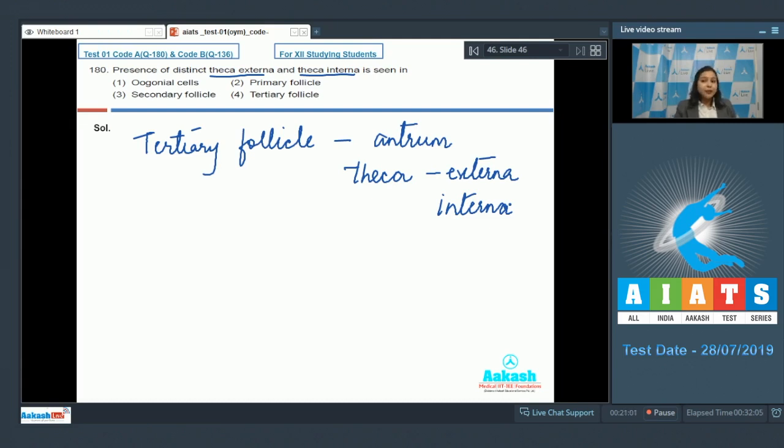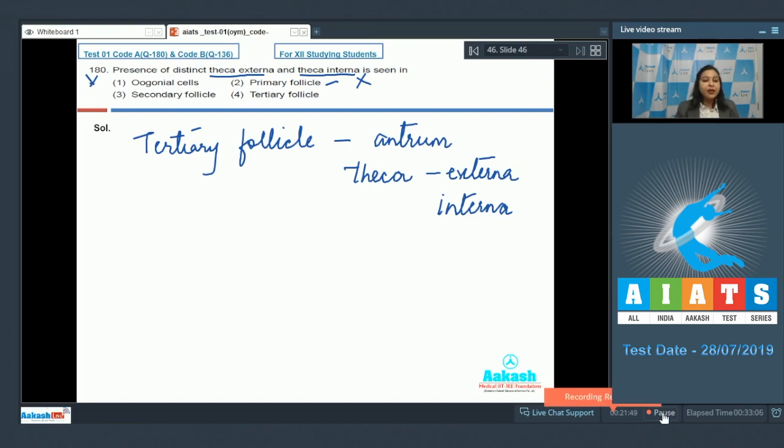They are not yet formed in the secondary follicle, and the secondary follicle also does not contain an antrum, and the primary follicle is composed just of the primary oocyte along with few follicular cells. Oogonial cells are the cells of germinal epithelium. Primary follicle contains just a primary oocyte along with few follicular cells. So primary follicle does not show the presence of theca externa and theca interna.